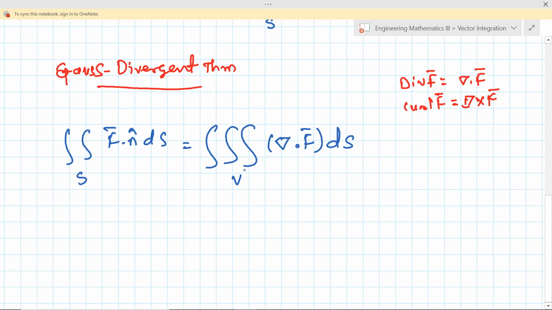See the statement once again: the surface integral of the normal component of a bar over the closed surface S is the same as the volume integral of the divergence of a vector point function a bar taken over the volume V enclosed by the surface S.